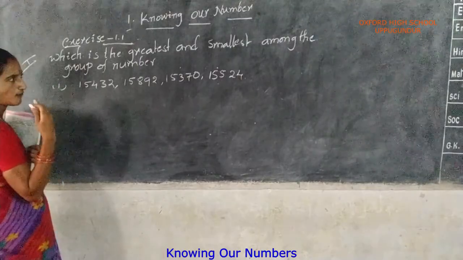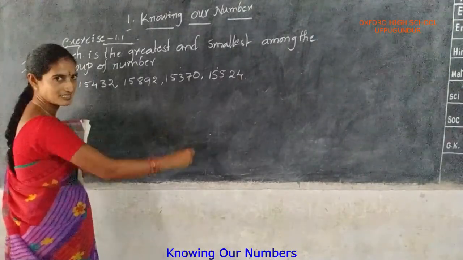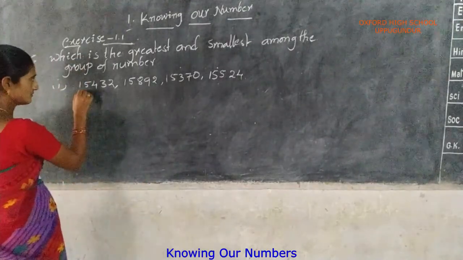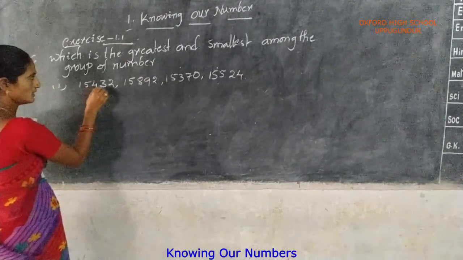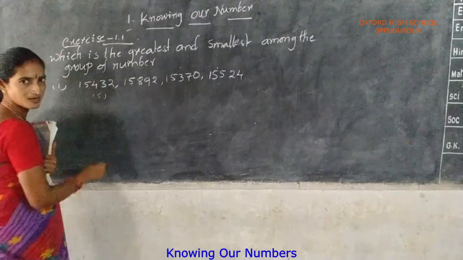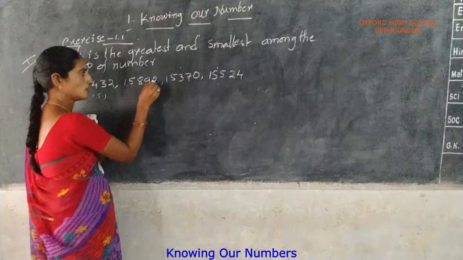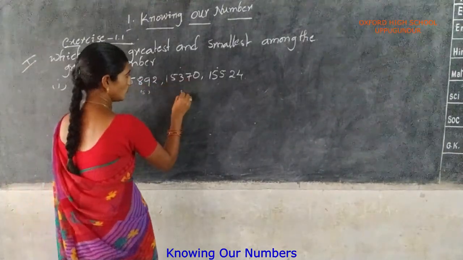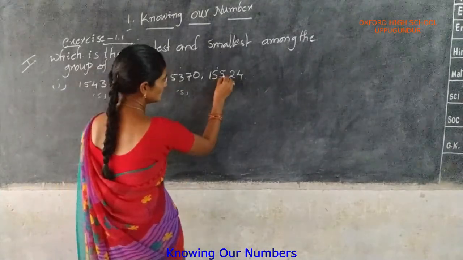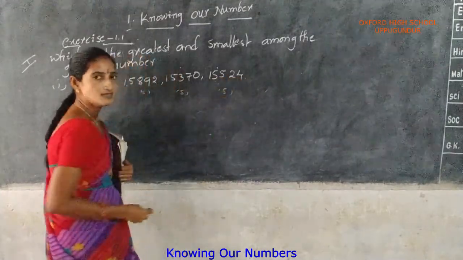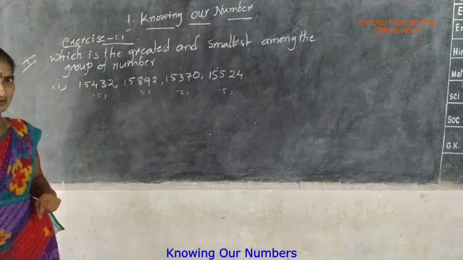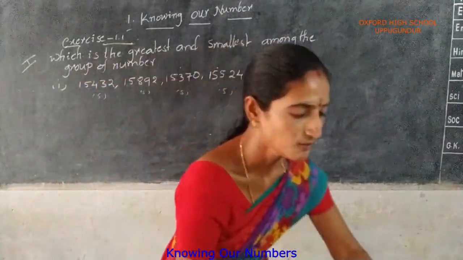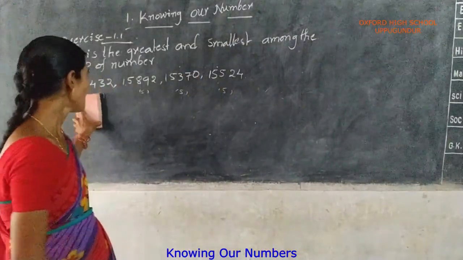First we have to find how many digits are in the first term. 1, 2, 3, 4, 5: a 5 digit number. All the numbers are 5 digit numbers, so the digits are the same. But which is greatest and which is smallest?